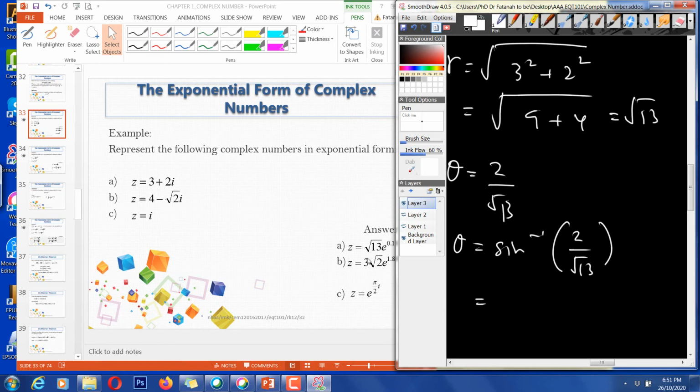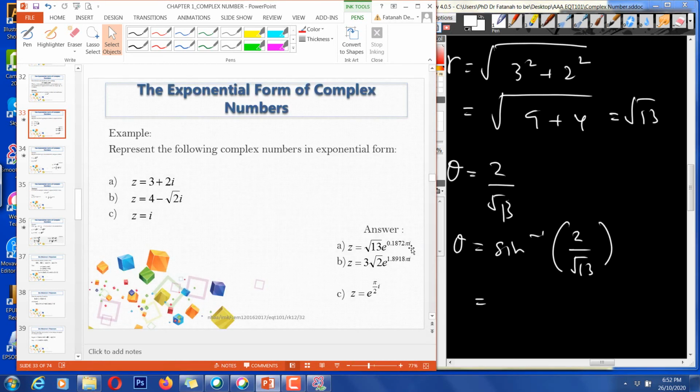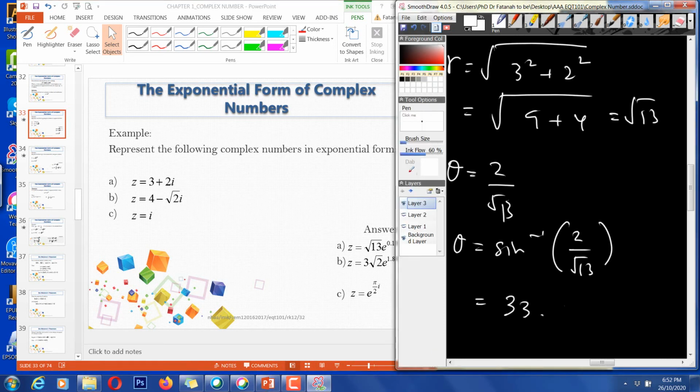We put it in the calculator: sin inverse of 2 over square root 13. So we get 33.69 degrees.